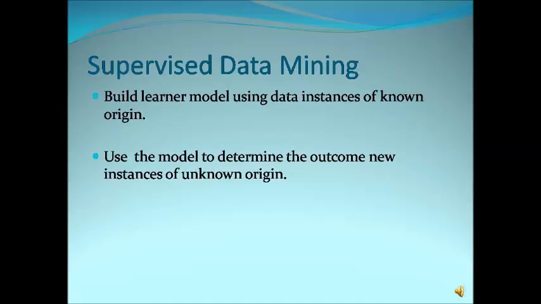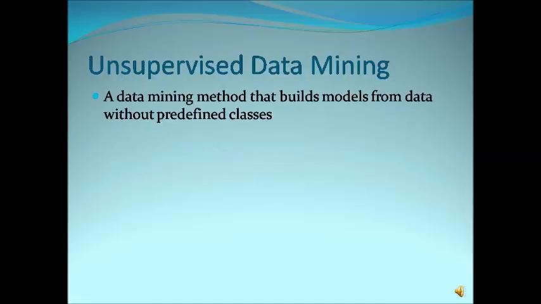And then we use the model to determine the outcome of new instances of unknown origin. Unsupervised data mining is a data mining method that builds models from data without predefined classes. So in this method, we don't know the class of the data on which we're trying to perform data mining.